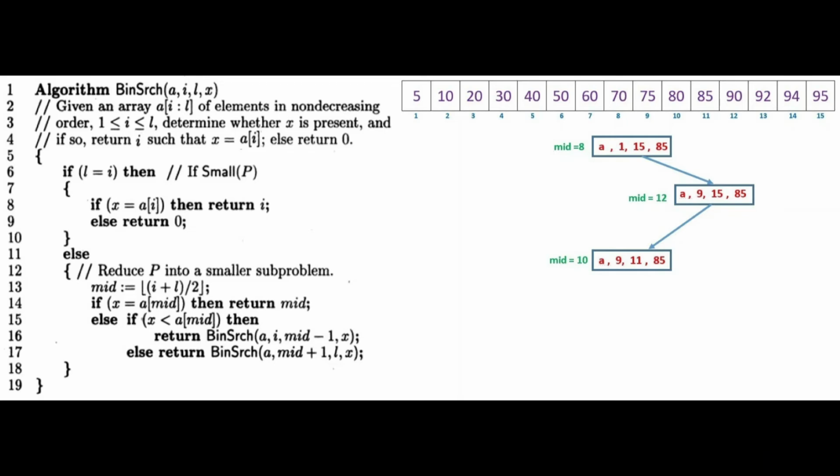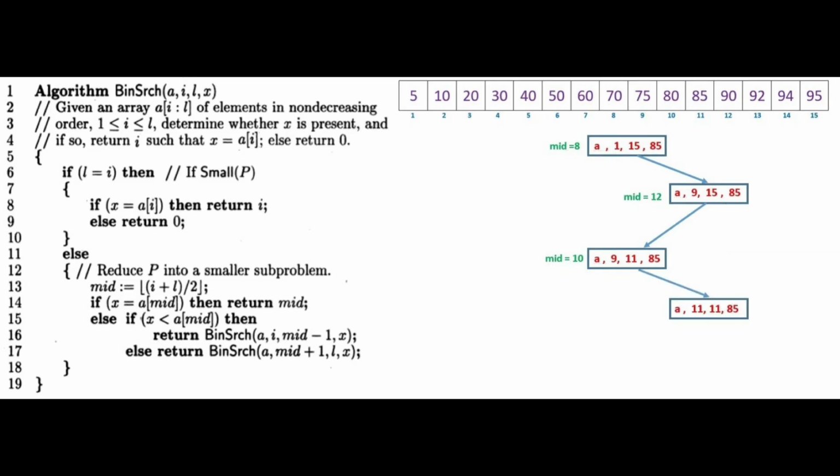Parameters are A, 11, 11, 85. Now we are in the right child with the parameters A, 11, 11 and 85. Or we can say we are at the beginning of a new function with the parameters A, 11, 11, 85.